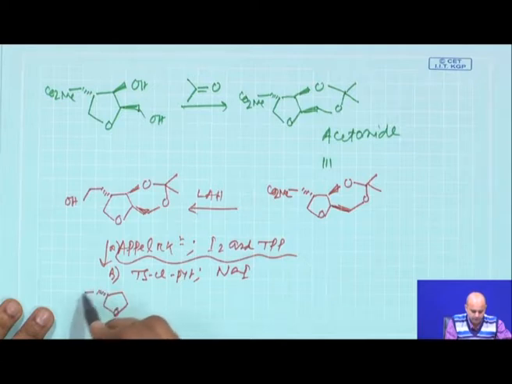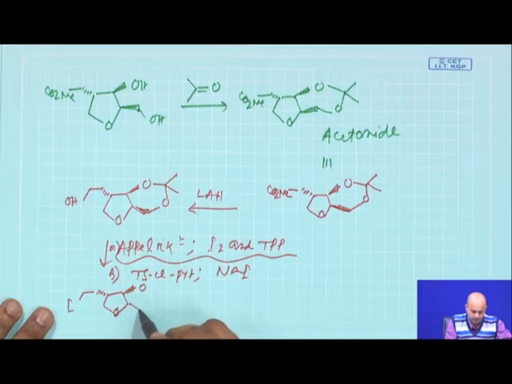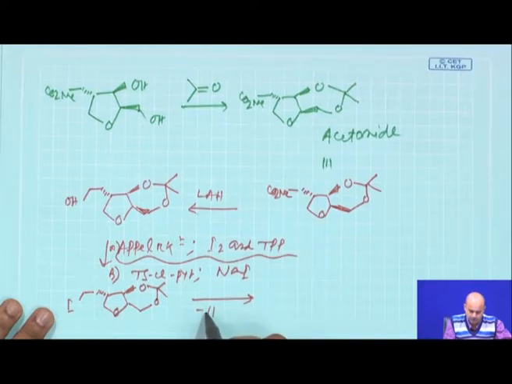So, now you get the iodide, and your acetonide protection remains here. Next you just need to remove this acetonide by treatment with H plus.